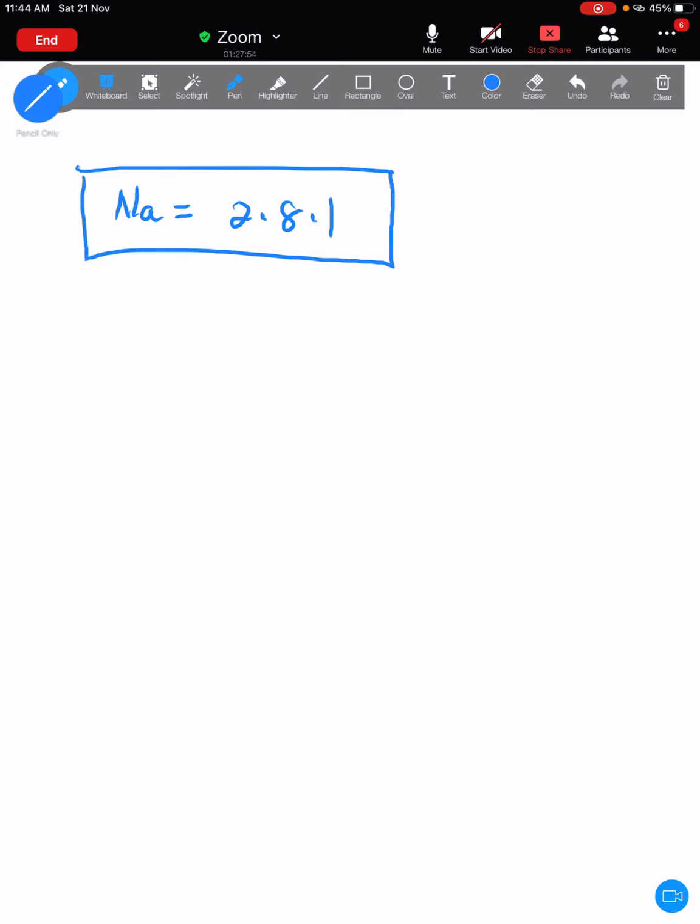Okay, good. Guys, as you can see over here, one more thing. Let's say I'm talking about sodium. The electron arrangement of sodium is 2, 8, 1. From the electron arrangement, I can get two things. I can identify the group, which will be group 1.